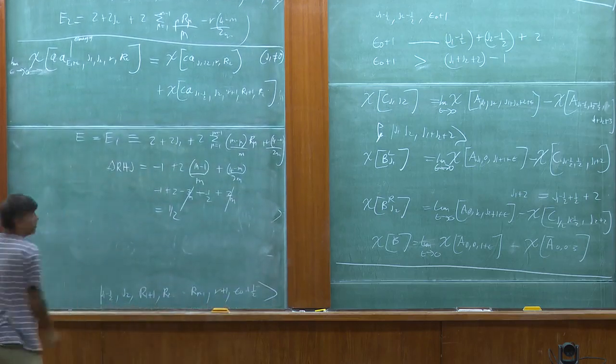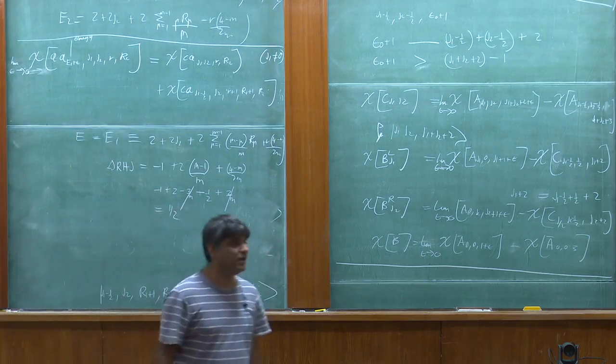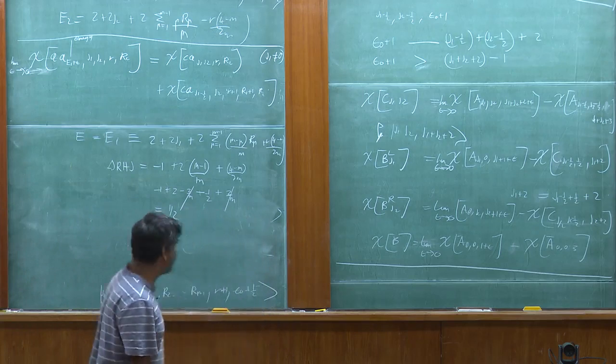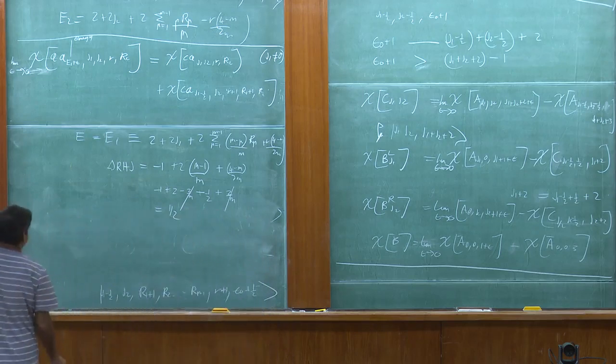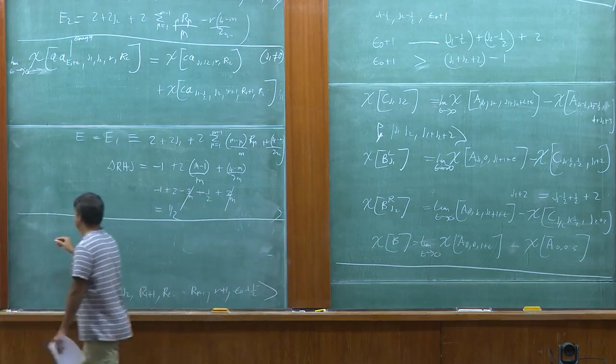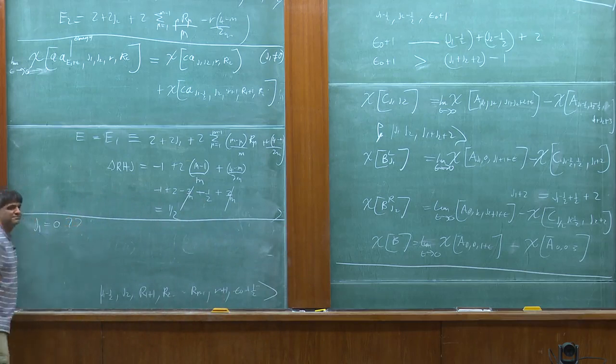What is the analog of this equation when J1 is equal to 0? Suppose we have J1 equal to 0, then what? That's the question we want to ask.